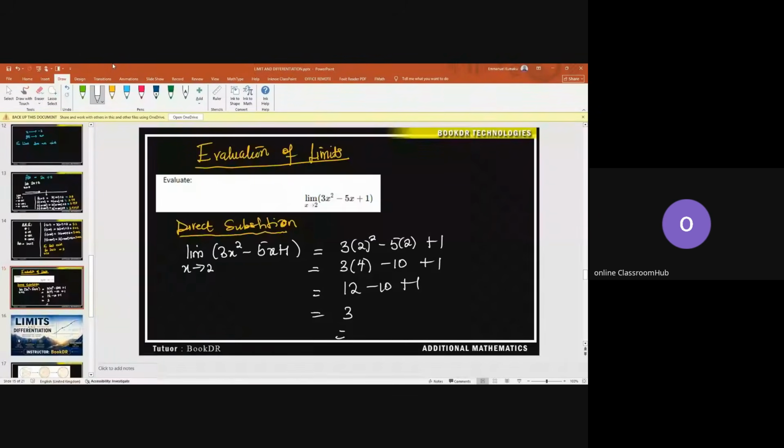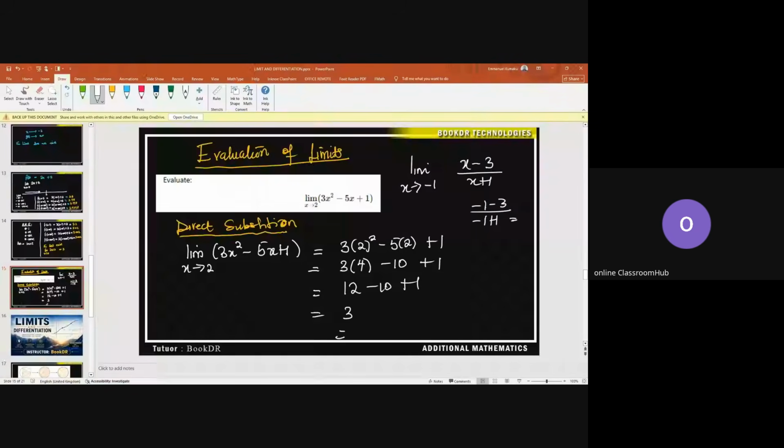There are some of them, especially rational functions, where direct substitution will not work. For example, if you have x minus 3 all over x plus 1, and we are looking for the limit of the function as x approaches -1. If we do direct substitution, we are going to have -1 minus 3 over -1 plus 1.